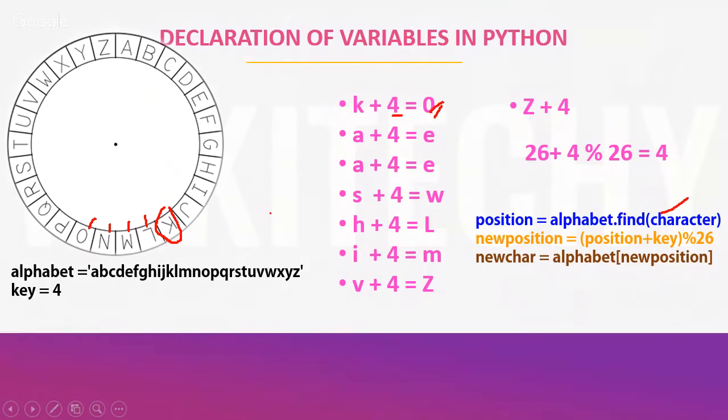I find the character and compute the number plus 4, modulo 26, because we have 26 alphabets. 10 plus 4 modulo 26, you'll get 14 here. That's how we are able to find it. So we'll find the new character O here and it is posted here.